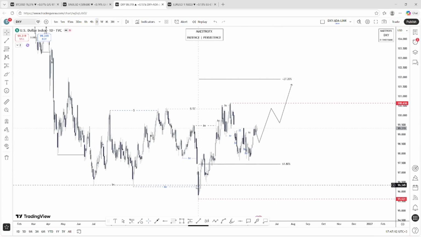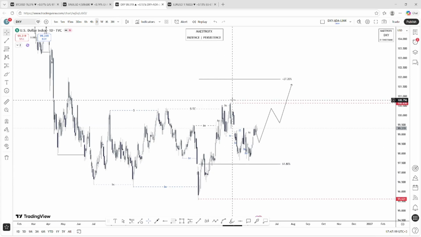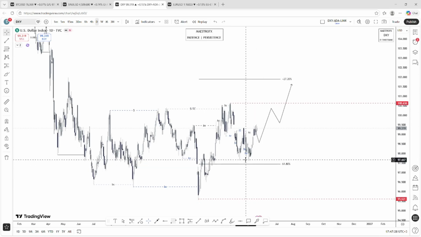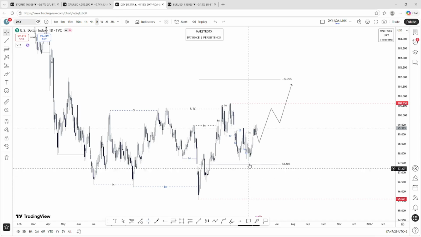As you can see, ever since price printed this low, we shifted and broke structure to the upside, and currently we corrected to the 61.8 Fibonacci retracement level and found support.